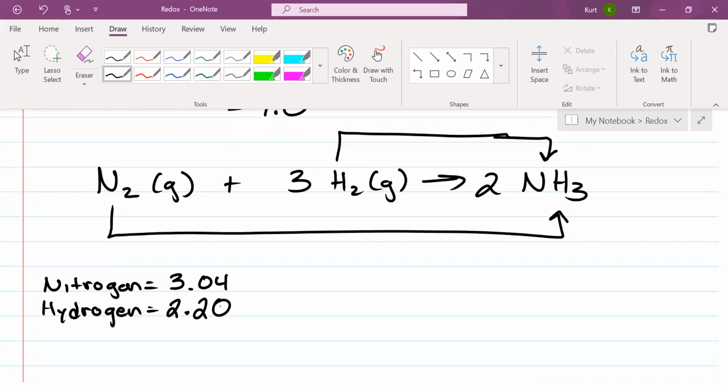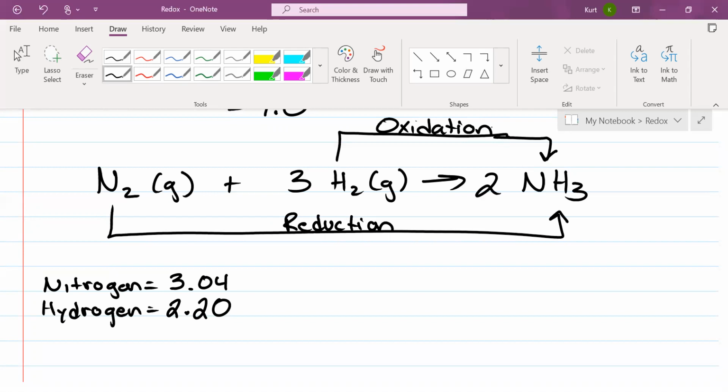So is nitrogen being oxidized or reduced? Reduced, because it is the taker. And hydrogen is being oxidized. And the exchange is going to result in positive negative attraction, and that's going to bring them together.